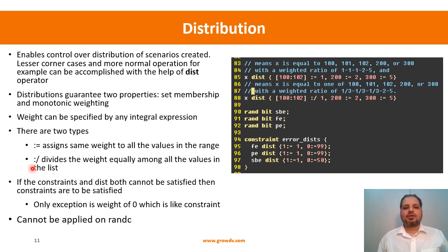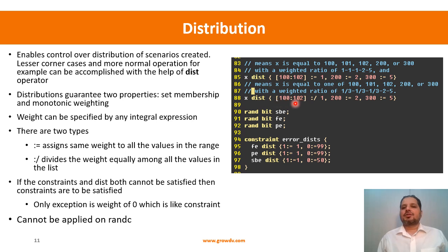Let's look at the second way of specifying weight. The second way is colon forward slash. What it does is it divides the weight equally among all the values in the list. So here, for 100 to 102, instead of using colon equal to, I am saying colon forward slash 1. This makes more sense when you have a range. If you do not have a range, then it doesn't make much difference.